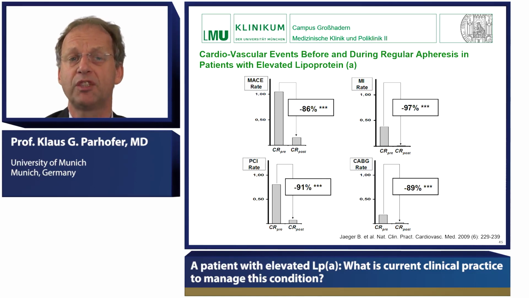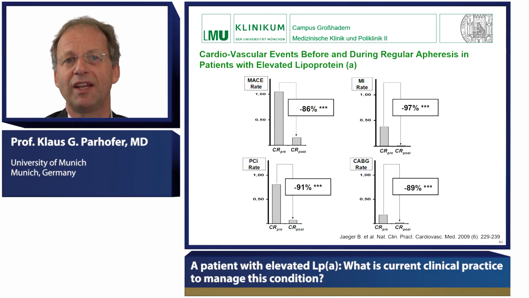Now, the problem with this approach is that you assume that the event rate would stay stable, thus would remain high over the next years even if you do not perform apheresis.